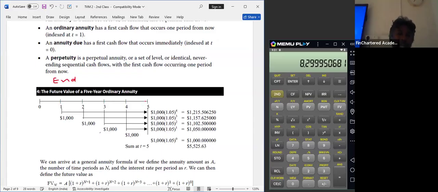So if that is the case, whatever investment you are making at the fifth year is not going to give any returns at all.